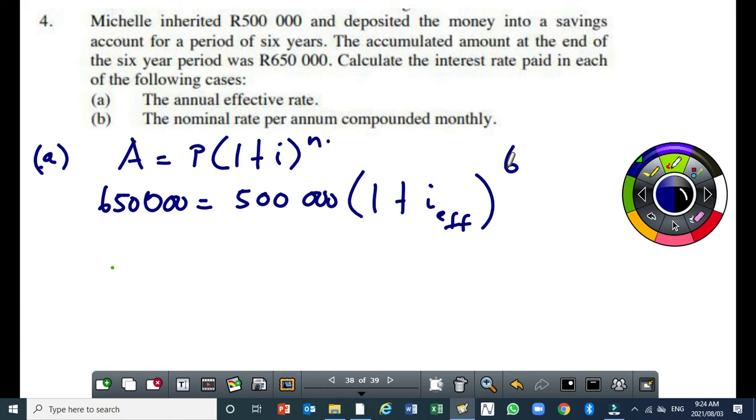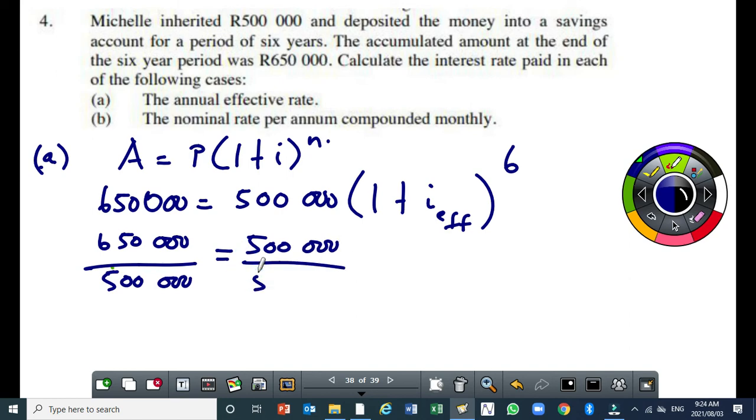So here we divide both sides by 500,000. So we get 650,000 divided by 500,000 equals 1 plus i EFF to the power 6.